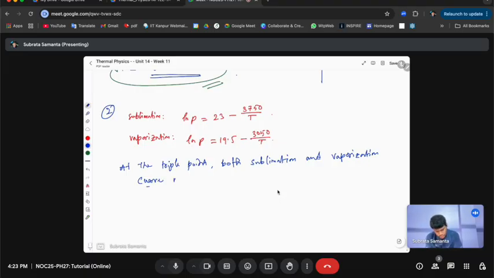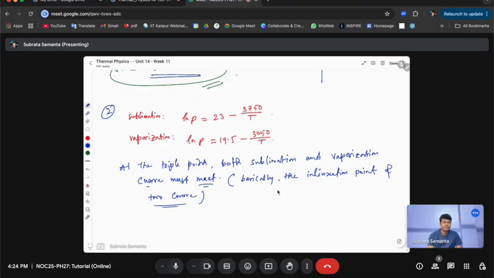So they must meet, and that will basically be the intersection point. The triple point is the intersection point of the two curves.